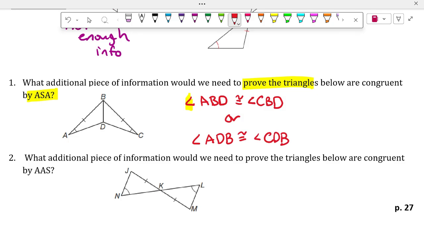Either one of those would show that they're congruent. Well, no, I lied. It's only angle B. My bad. Because if I mark angle D, is that congruent side in between the two angles? No. So that would not be angle side angle, it would be angle angle side. They want angle side angle. So it would have to be these two angles.